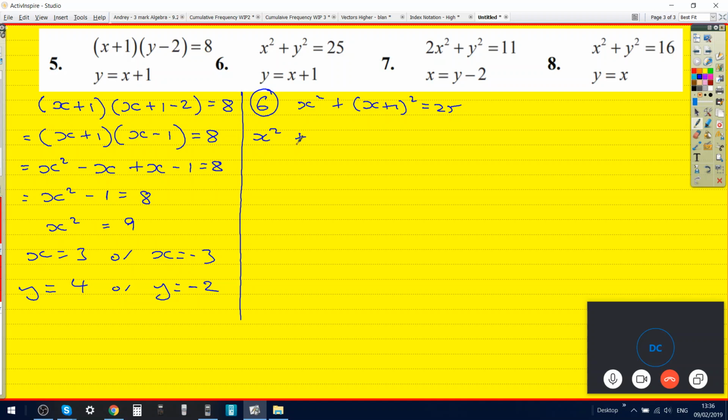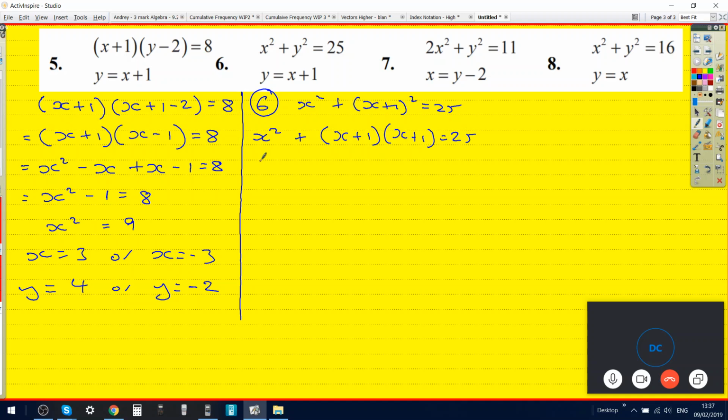Yeah, great. So x squared plus (x plus 1) times (x plus 1) equals 25.